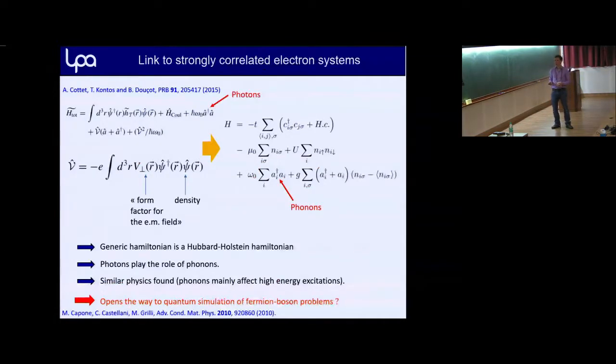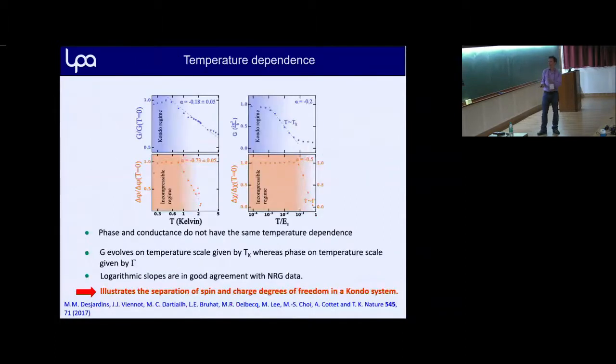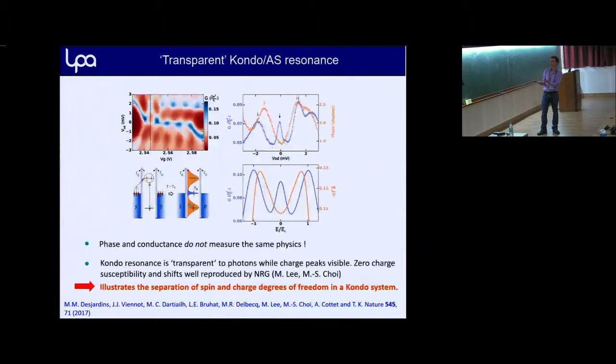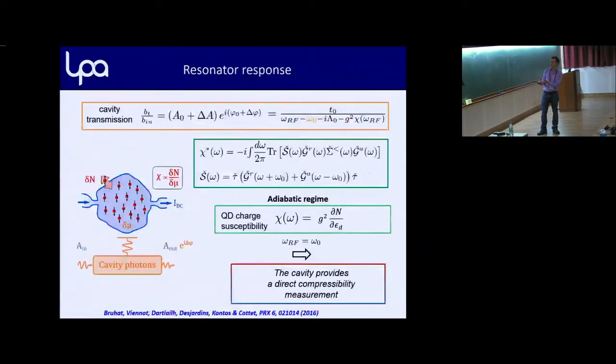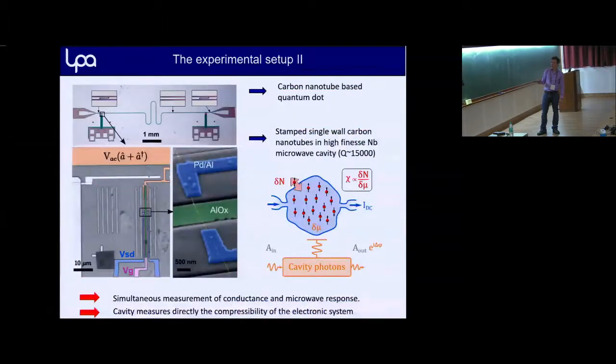Okay, if you want to ask me more questions about this, we can develop this more because I'm running out of time. But let's now put this in a wider context. Now you see that I have a strongly correlated system, which is coupled to cavity photons.